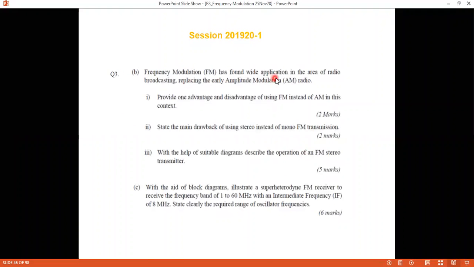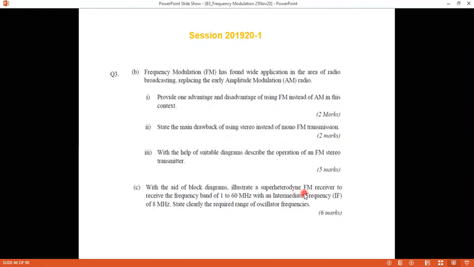FM has found wide application in the area of radio broadcasting. Give one advantage and disadvantage of FM, and then the main drawback of stereo. Operation of FM stereo: I think I've already shown this, and it was already discussed.